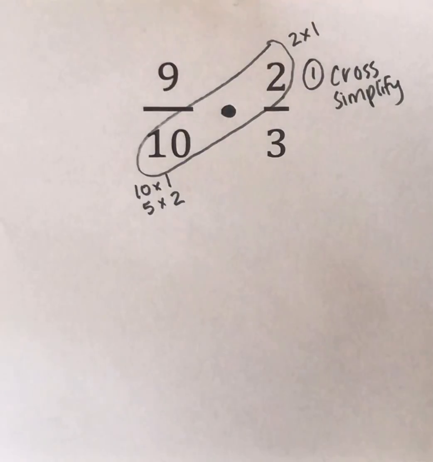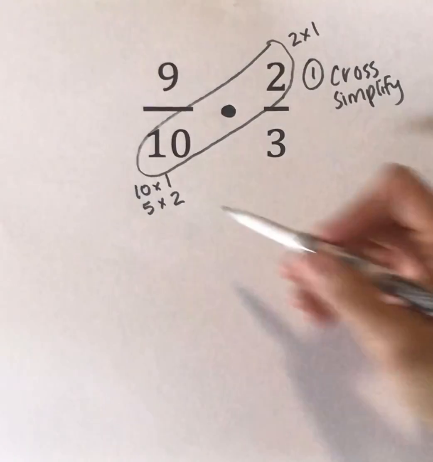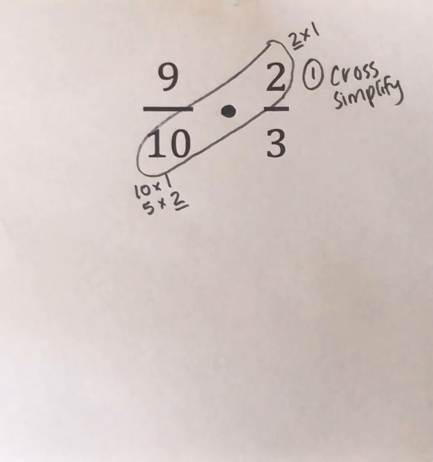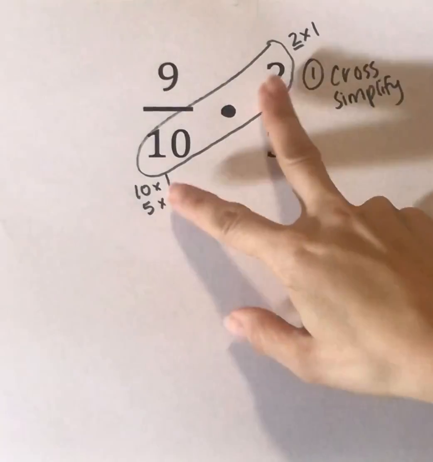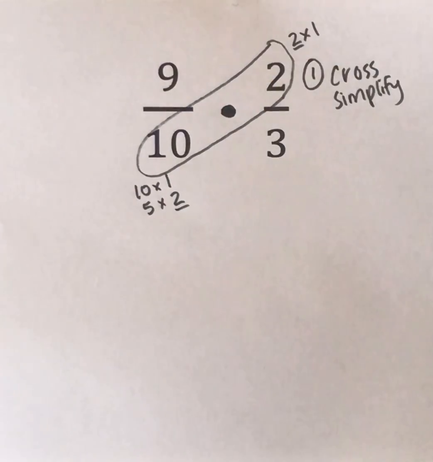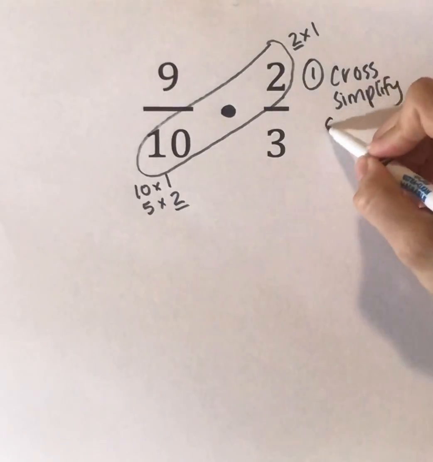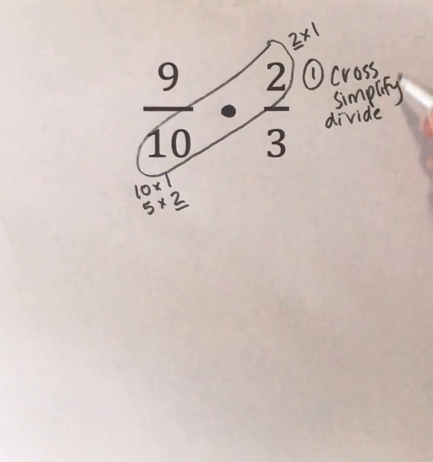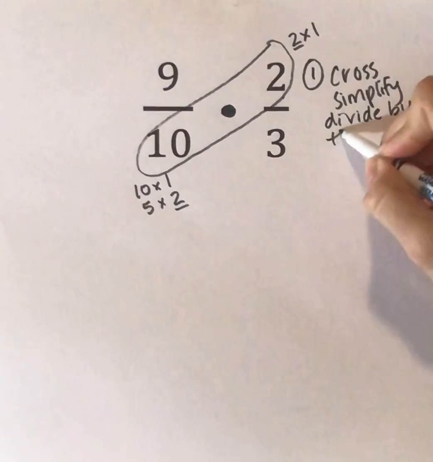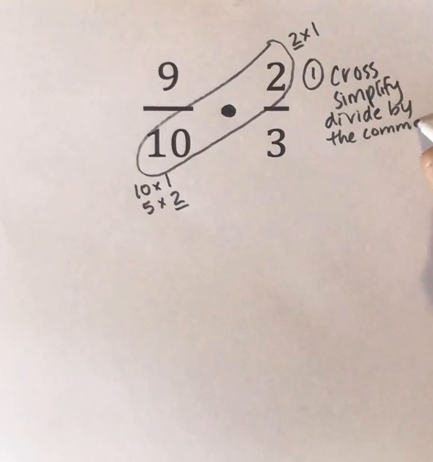What we're going to be looking for is the common factor. As you can see, 2 is the common factor because it goes into both. In order to simplify this, we're going to divide by the common factor. That's really what you're doing. You divide by the common factor.